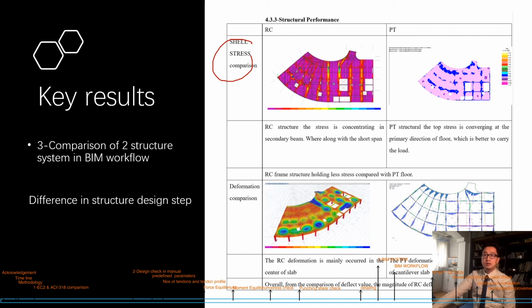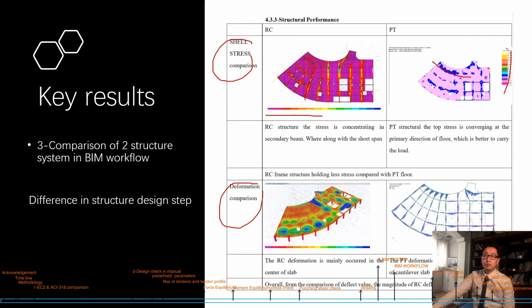From the table, we see that in the aspect of stress distribution, RC structure stress is concentrating in the secondary beam, and the PT structure stress is converging in the primary direction of the floor, which is better in load carrying capability. In the aspect of stressing magnitude, the RC structure is holding less stress.